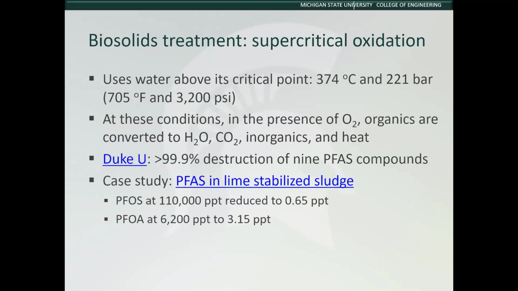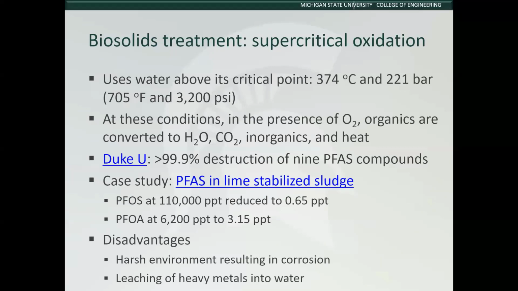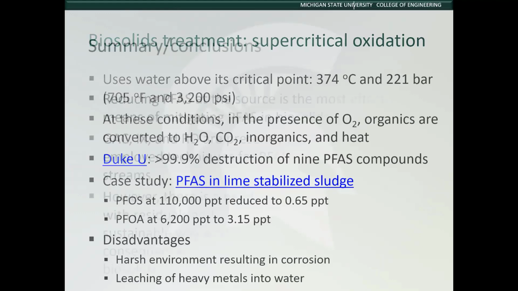A study conducted by Duke University researchers demonstrated 99.9% destruction of 9 PFAS chemicals. Similarly, a study looking at PFAS in lime stabilized sludge showed similar removal levels. The disadvantage of supercritical oxidation is that these harsh environments can result in corrosion and also the leaching of heavy metals into water.